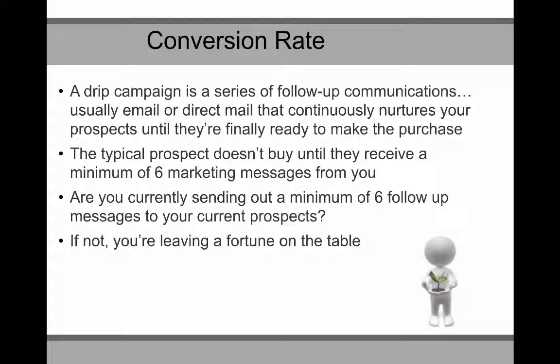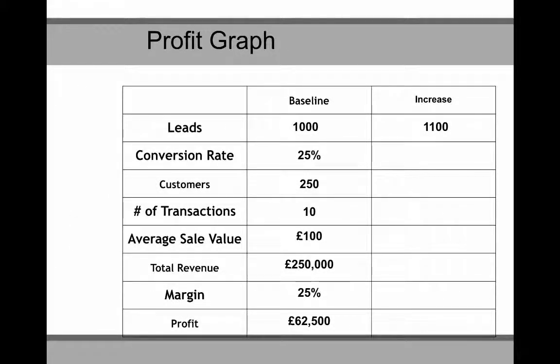With all of these conversion strategies working for you, would you agree that it should be easy to increase your conversion rate from our original 25% to perhaps 50%? Of course it would. But let's keep our numbers ultra conservative. Would you agree that conservatively you would have no problem whatsoever increasing your conversion rate by a meagre 5%, from 25% to 27.5%?